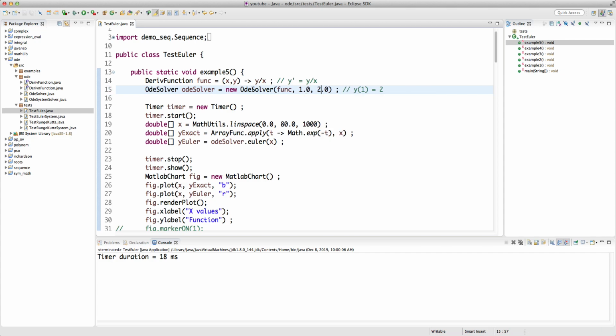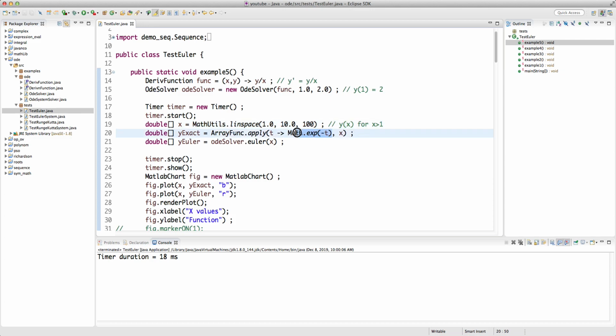And then I should calculate the value of y of x for x greater than 1. Remember, just note that this function y prime has a singularity at x equals 0, so we cannot solve for values less than 0 or between 0 and 1, right? We should always solve for intervals that do not include this singularity. So we are going to go from 1 to, let's say, 10 with 100 points.